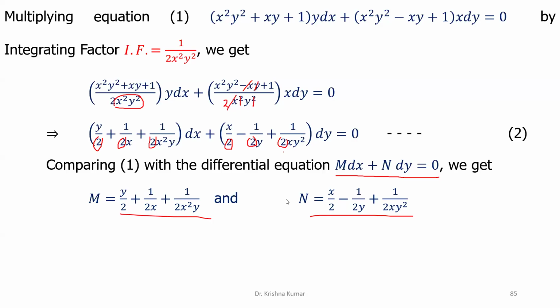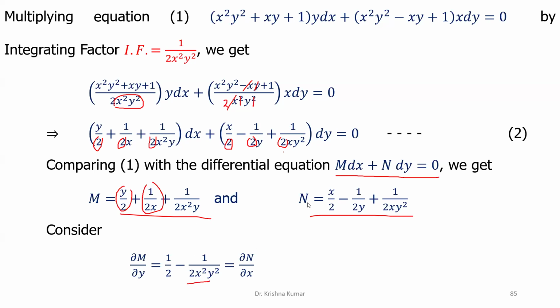Let us find out the value of del M del y. So del M del y equals 1 upon 2. This is 0 because it is free from y. And the derivative of 1 upon y is minus 1 upon y square. So 1 upon 2 minus 1 upon 2x square y square.